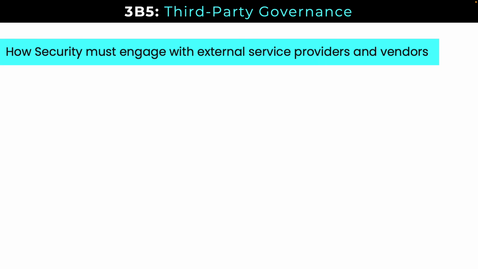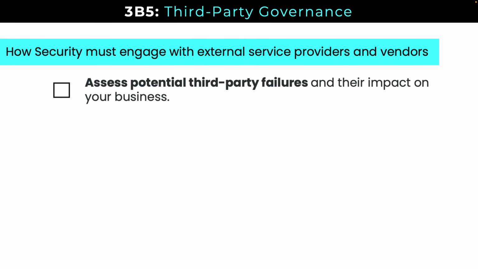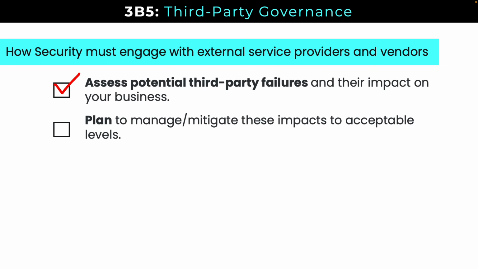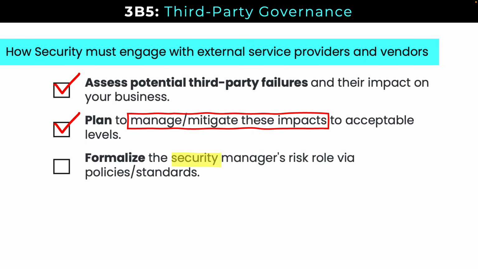So how must security engage with these external service providers and vendors? Well, we need to assess potential third-party failures and their impact on the business. We need to plan to manage and mitigate these impacts to acceptable levels. We need to formalize the security manager's risk role through policies and standards.